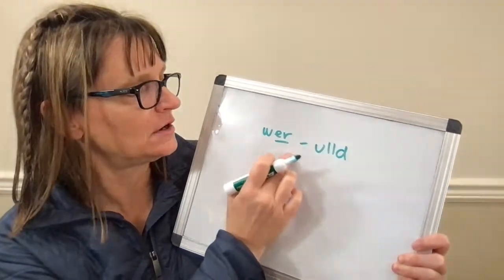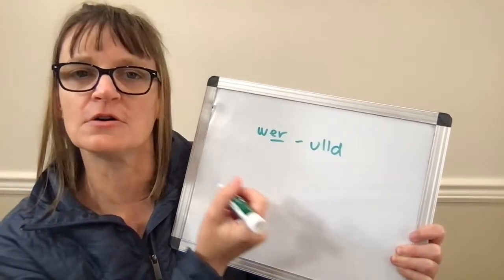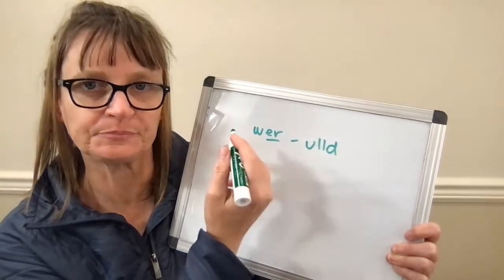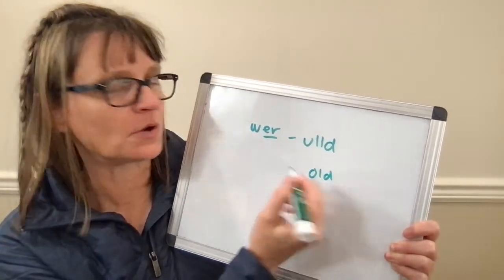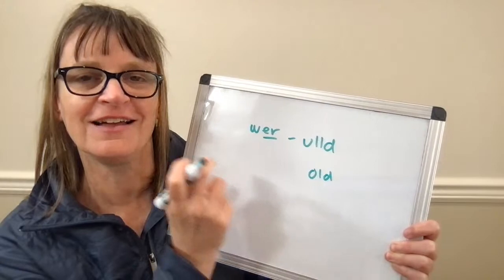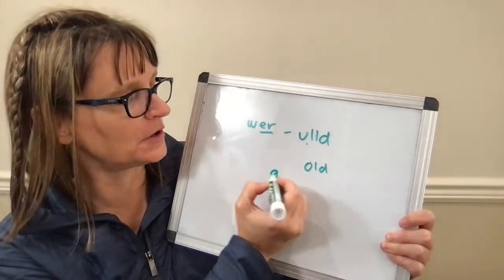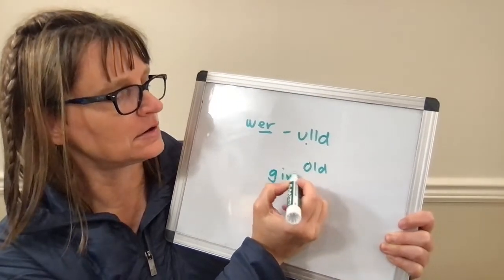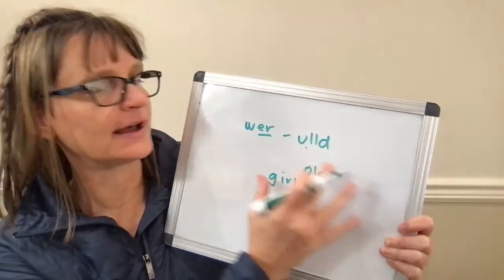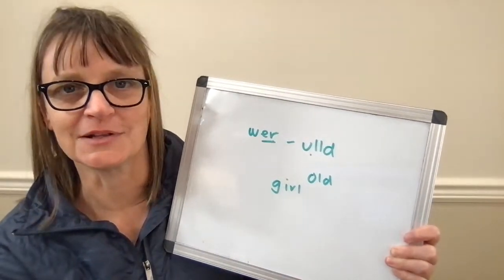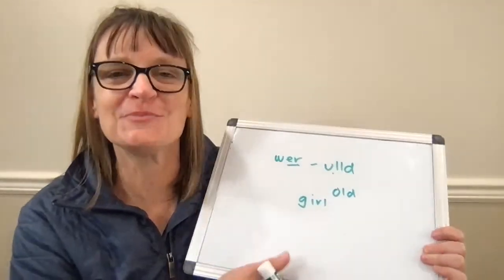If it's the R, just work on her, sure, getting a solid R. If it's the L, work on words like old and cold, getting your dark L. If it's the R to L, which is probably for most people, also work on words like girl and squirrel and really drag out moving from part to part so that you can get your R and your L in sequence. There's no other fix besides being able to address those issues of the R and the L.